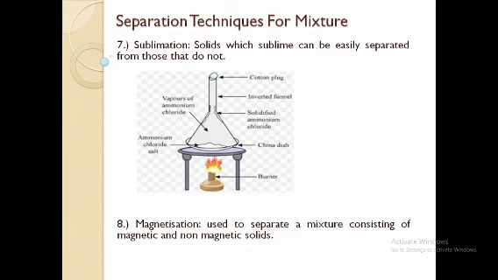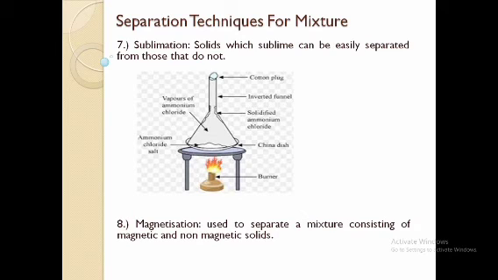Okay, so sublimation. What is sublimation? Sublimation is the process whereby we are converting a solid to gas without any intermediary, without it melting, without any change of state to liquid. So the solid moves from solid to what? To gas.